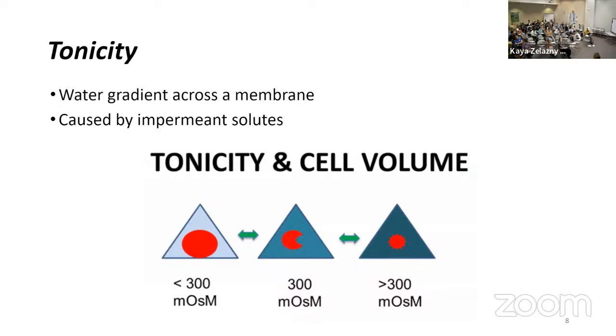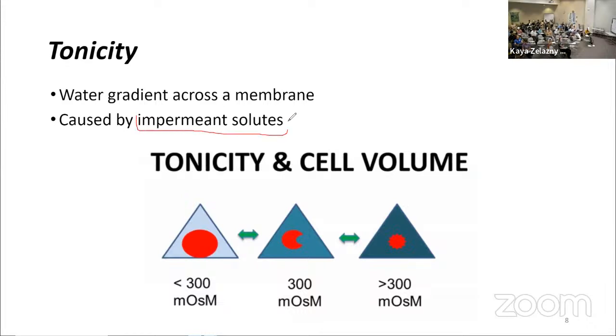So tonicity is more relevant when we're talking about basics of osmosis, because tonicity is referring not only to the osmolarity, but specifically to the osmolarity caused by impermeant solutes. So when we look at tonicity, we're going to see a situation where those solutes are never moving across the membrane.